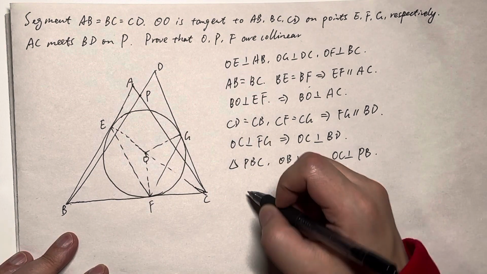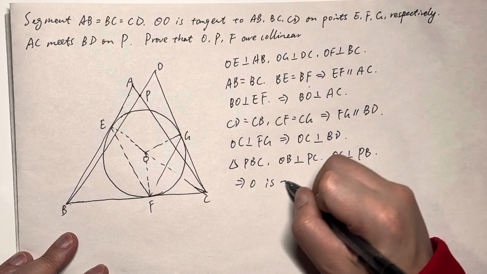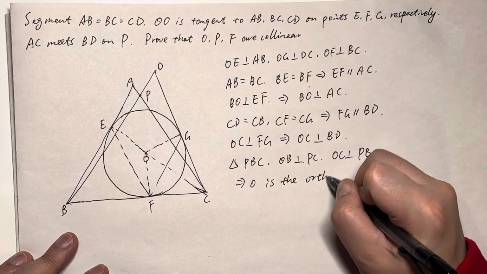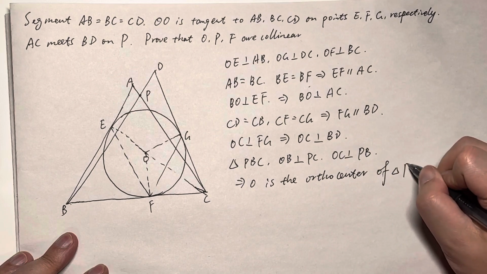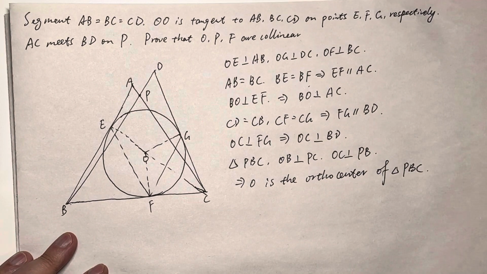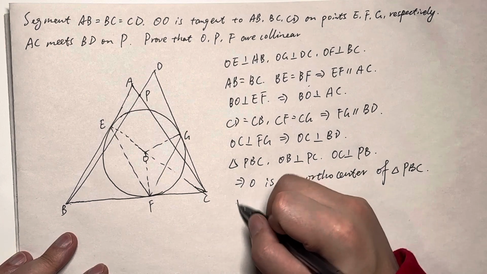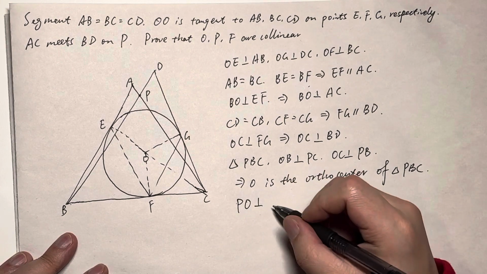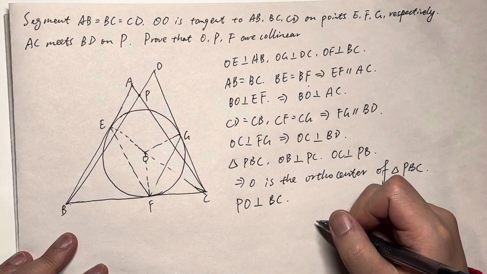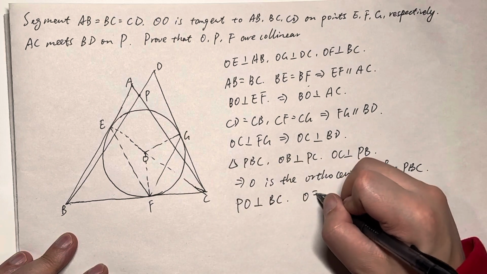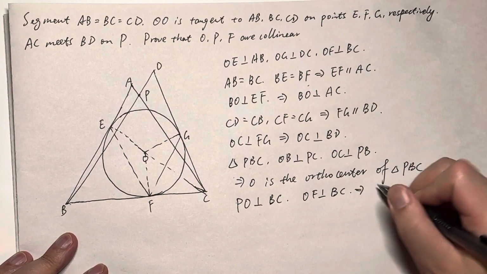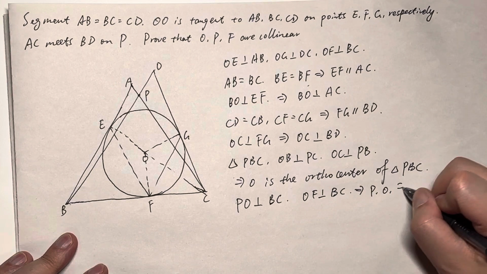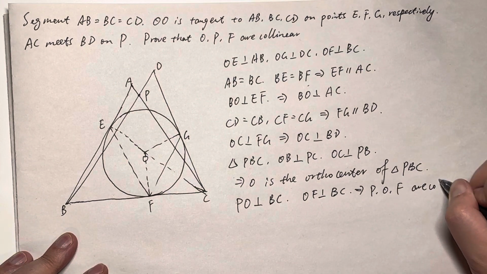That means O is the orthocenter of triangle PBC, right? So we know that PO is perpendicular to BC. And we already know that OF is perpendicular to BC. That means P, O, F are collinear.